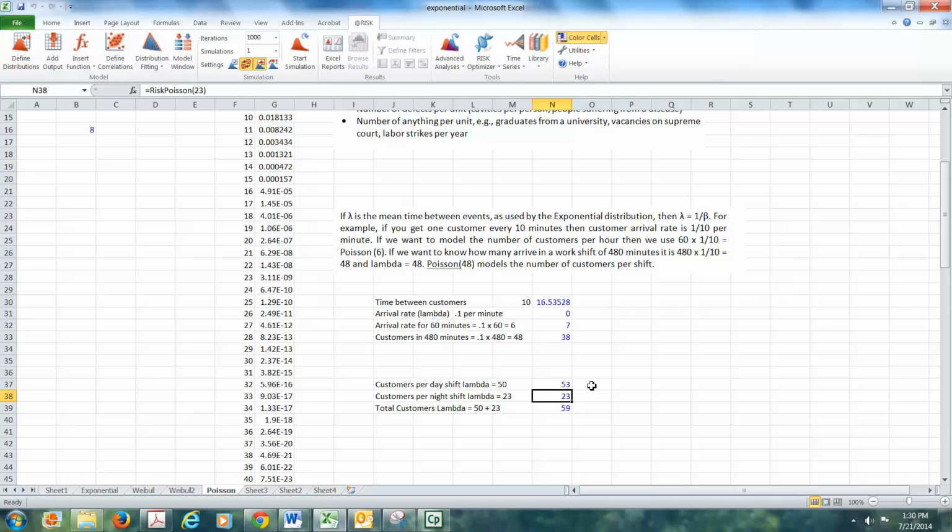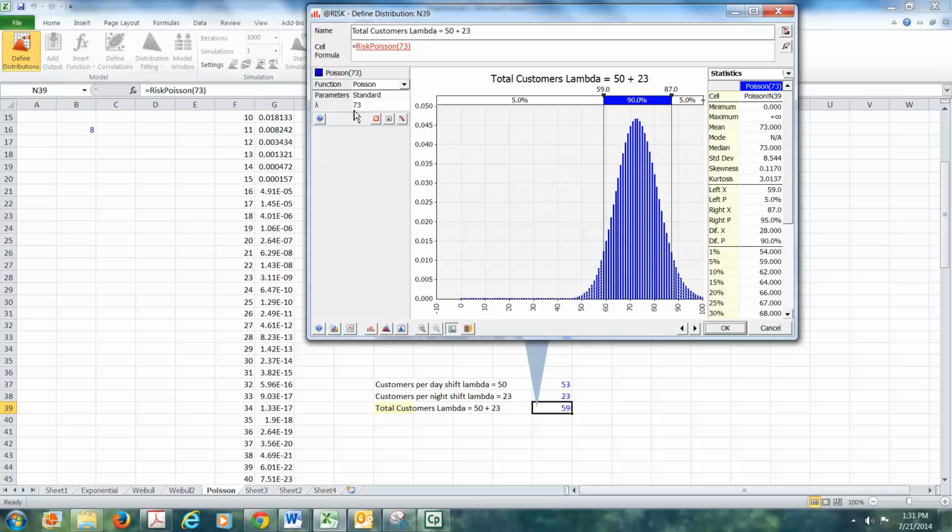Well, as it turns out, this property is Poisson of A plus Poisson of B is equal to a Poisson of A plus B. So this variation plus this variation, 50 plus 23, is exactly this, a lambda of 73. This single distribution describes the sum of the variation in the other two distributions.